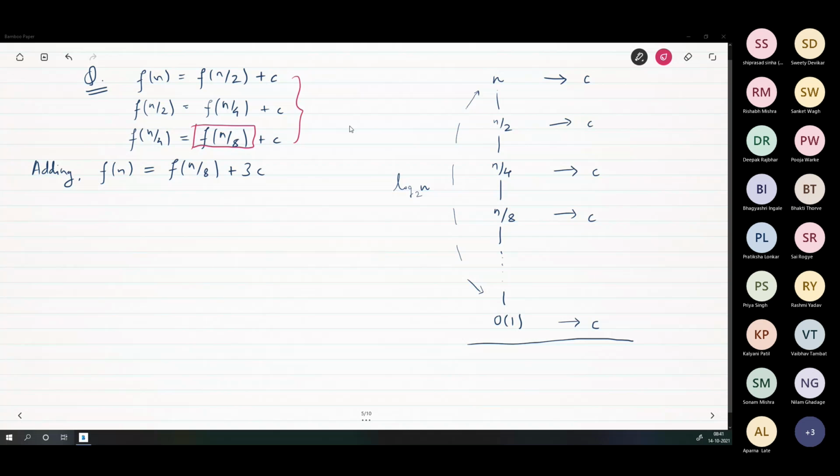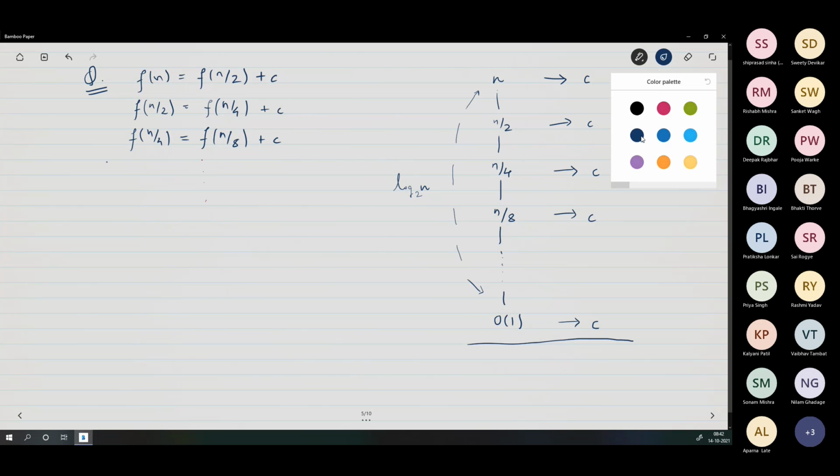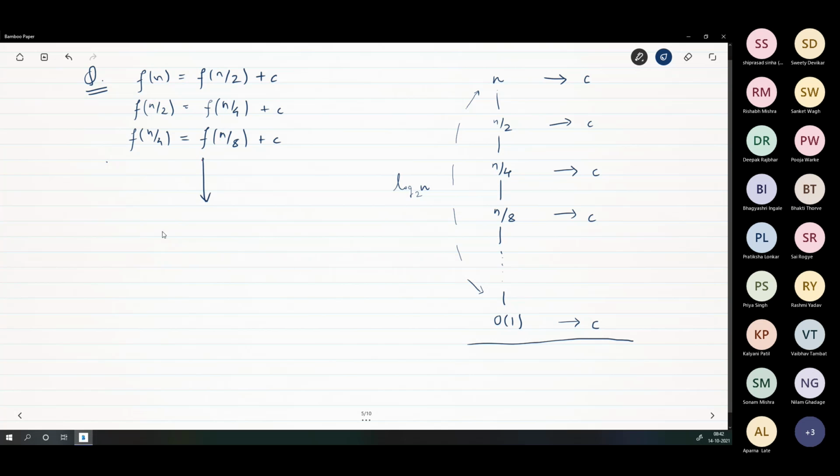Okay. Now this is what we are doing more generally. So we don't stop here. Instead, we keep going down, down, down. We will keep going down until we reach a point where we have something of the kind f of 2 is equal to f of 1 plus c.